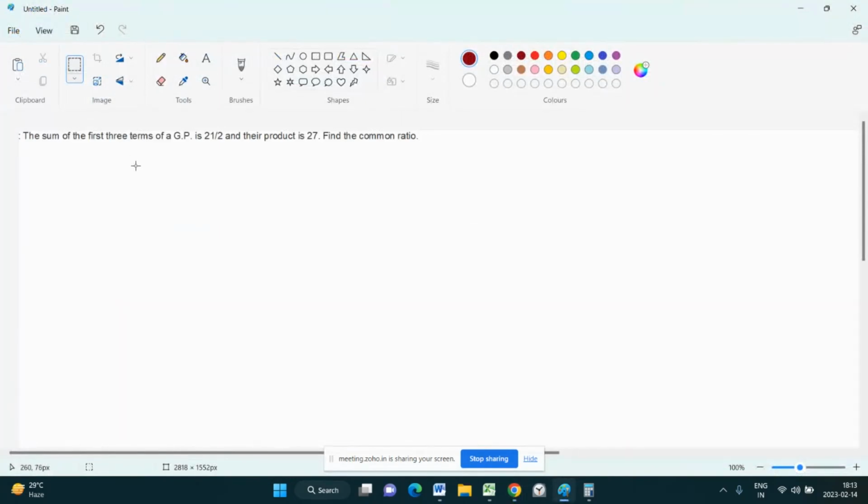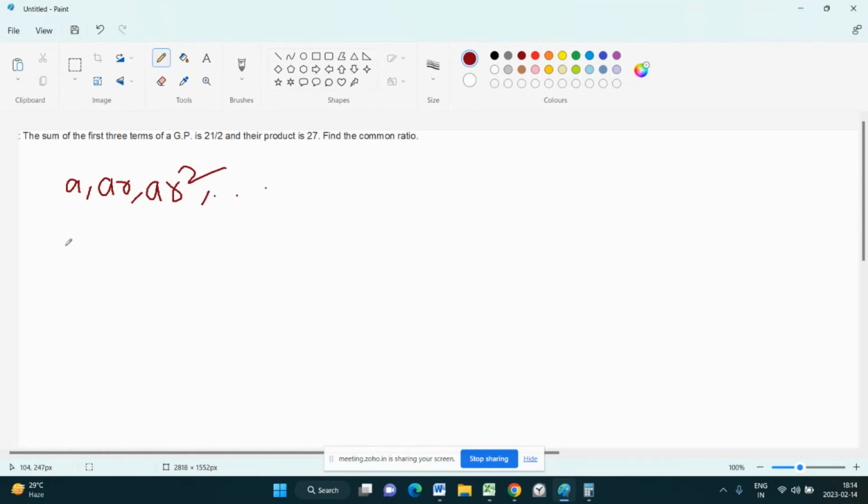Sum of the first three terms of a GP is 21 by 2, and their product is 27. Find the common ratio. They are giving you A, AR, AR square. Some series.